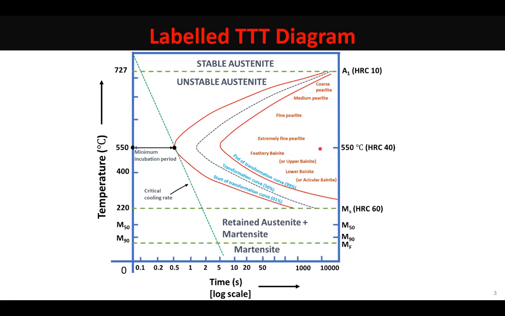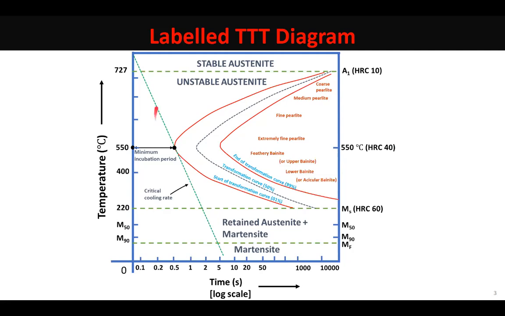Mind it, when austenite transforms to perlite, it transforms in a high temperature range. Diffusion of both carbon and gamma iron takes place. See, what is austenite? Austenite is an interstitial solid solution of carbon in gamma iron. Now when austenite transforms at a high temperature, it transforms due to diffusion, number one.